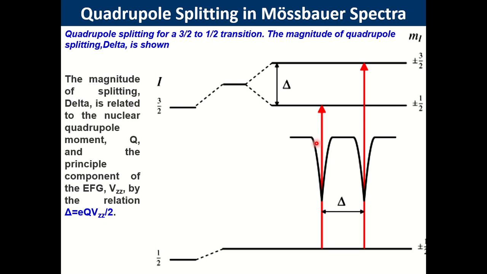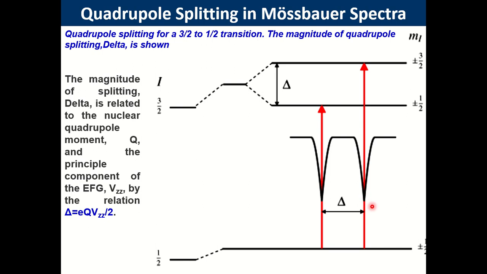So when this happens, and you allow the nucleus to be excited by providing a gamma ray of sufficient energy, then it absorbs that energy. So you have a dip here, and you have a dip here also at a higher energy, which is shown by increased velocity of the source.